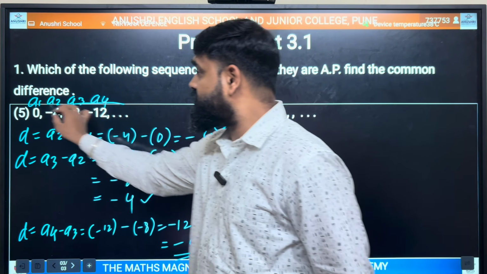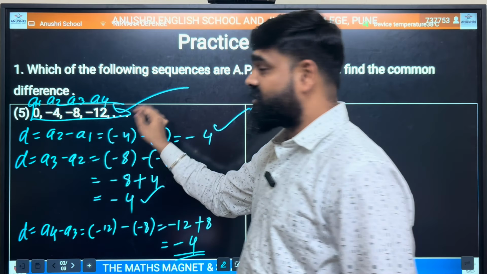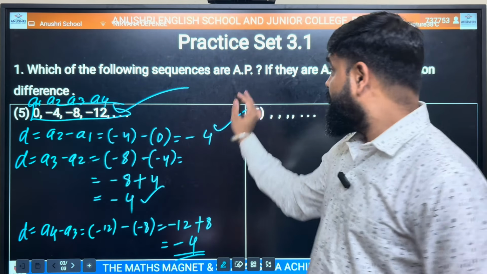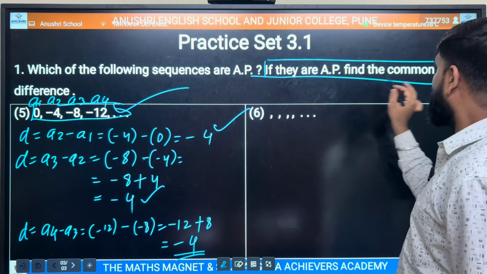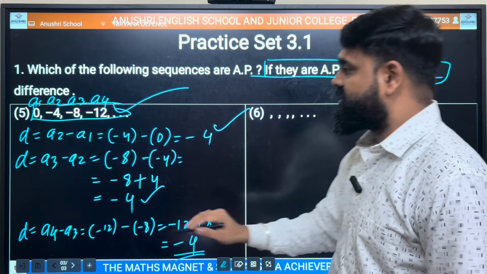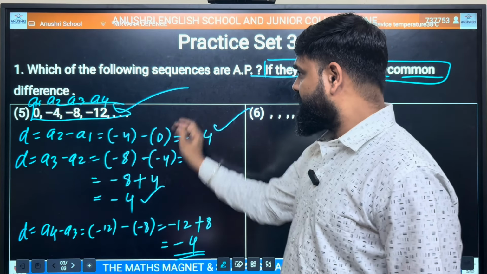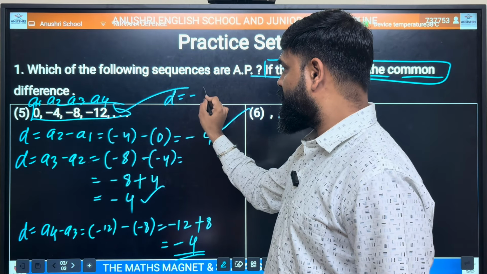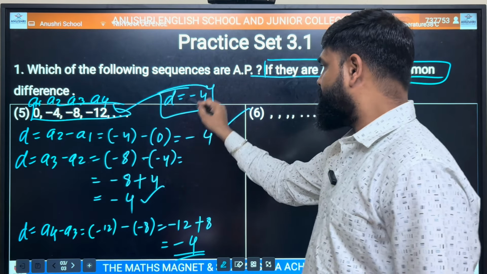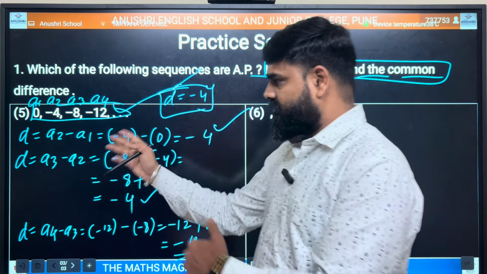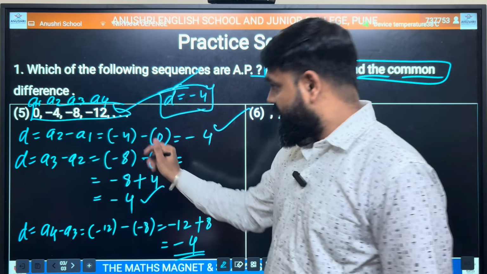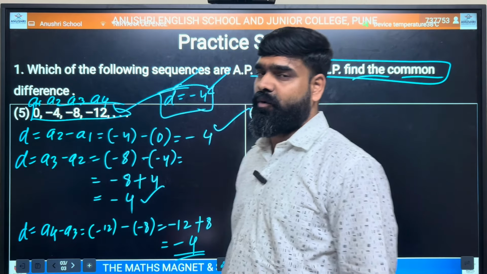So this means that this given sequence is an AP, and in the question they have asked us to write the common difference. You just have to write the common difference, D is equal to minus 4. Likewise, in the previous questions also you have to mention D.